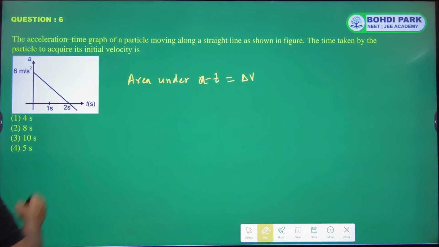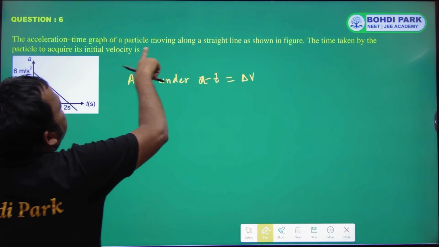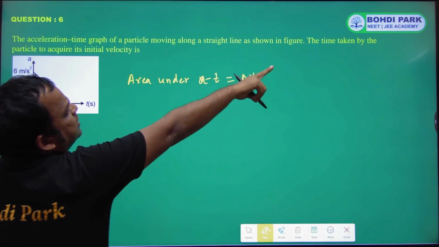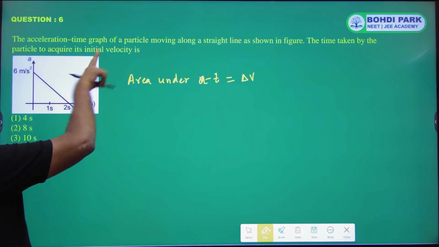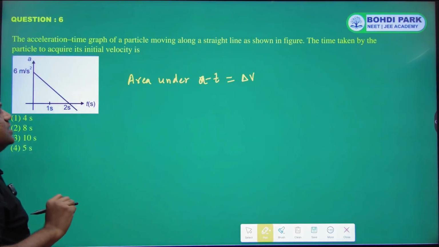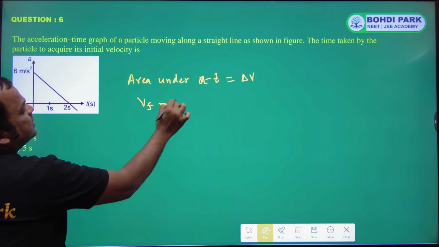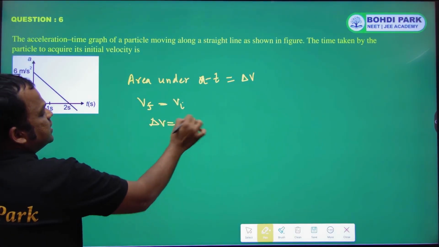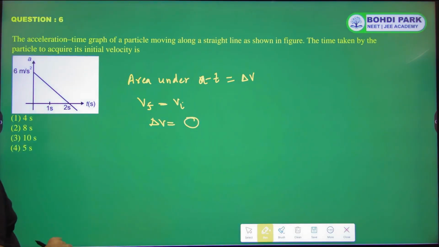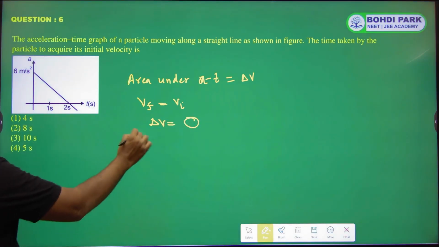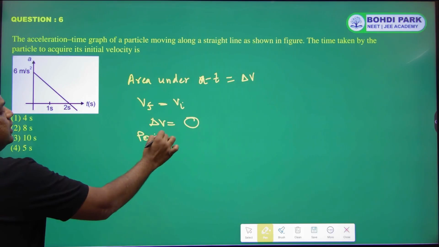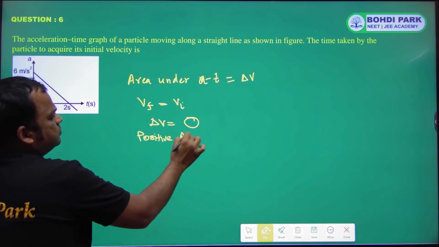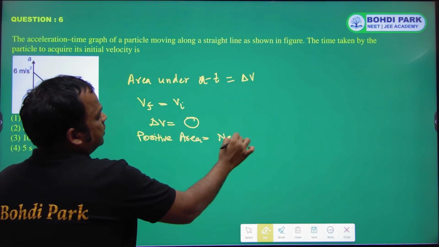Now over here, the acceleration time graph of a particle moving along a straight line, the time taken by the particle to acquire its initial velocity. So final velocity is equal to initial velocity, so the change in velocity is 0. So positive area is equal to negative area. Total area is 0.